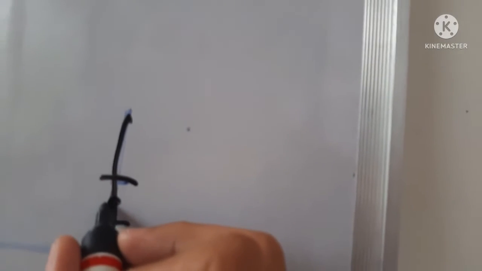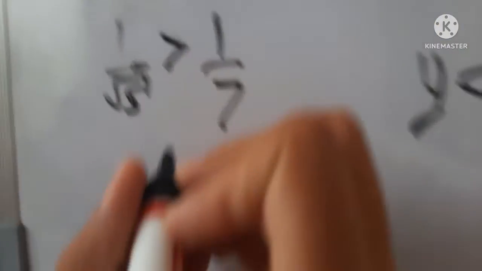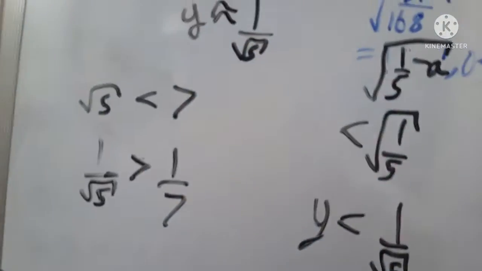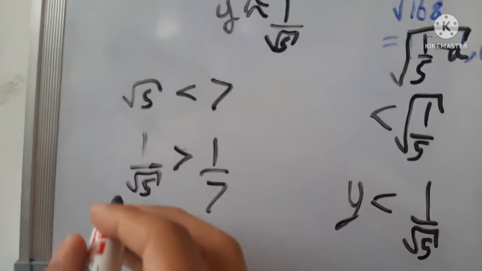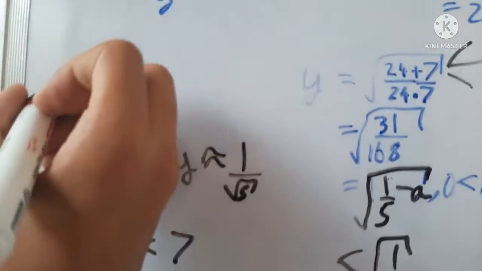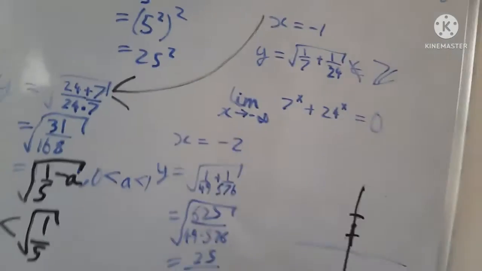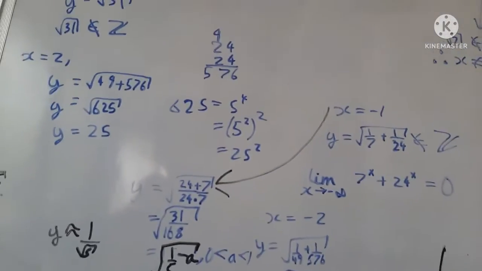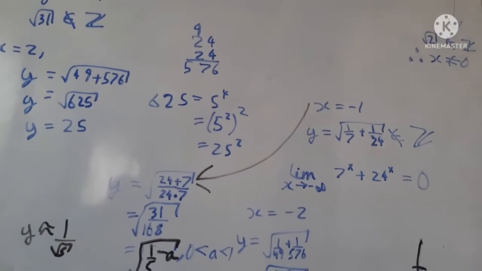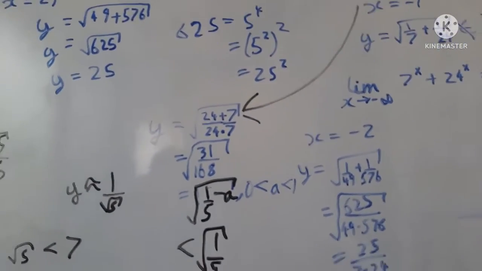So 1 upon root 5, let's rationalize that. Multiply top and bottom by root 5, so we get root 5 upon 5. The square root of 5 is approximately 2 point something, so it's like 2 upon 5, and 0.4.